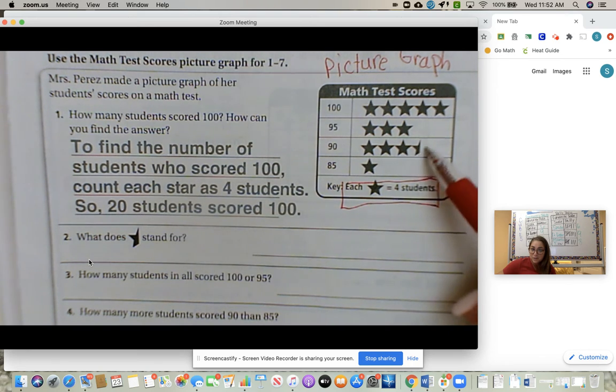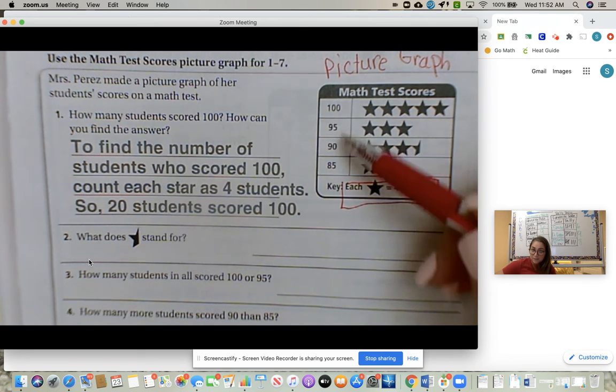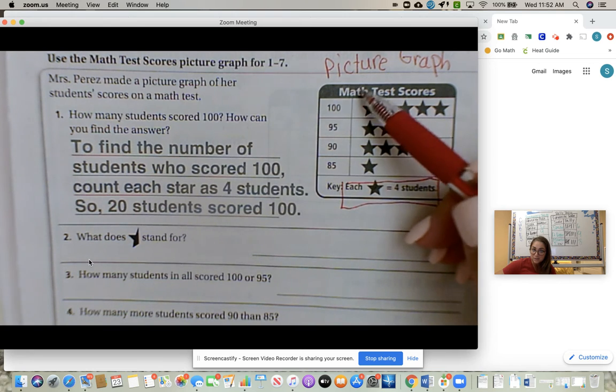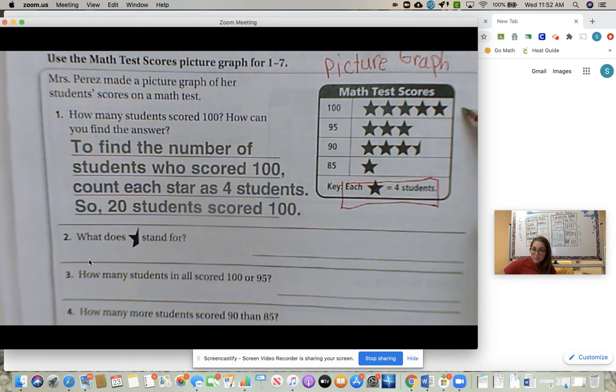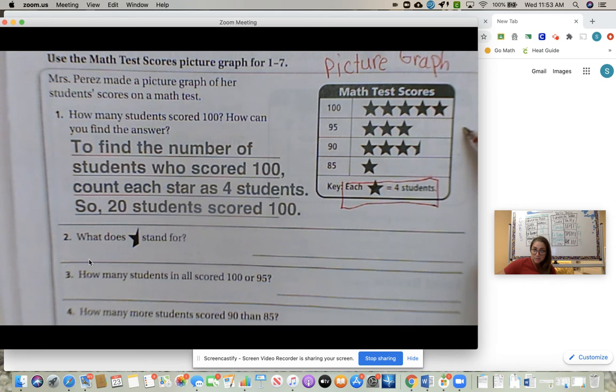Pay attention to what the half star will mean. And I want you to write the numbers on the side. This is a category. This is saying 100%, 95%, 90%, and 85% on a math test. But these stars still represent how many students scored 100%. How many students scored 95, right? You're going to write that on the side.